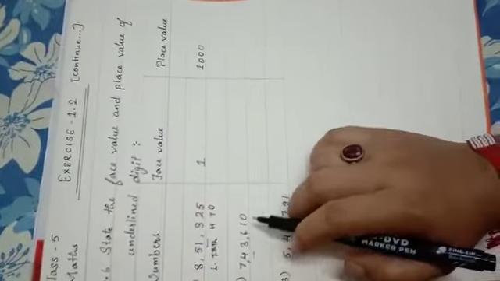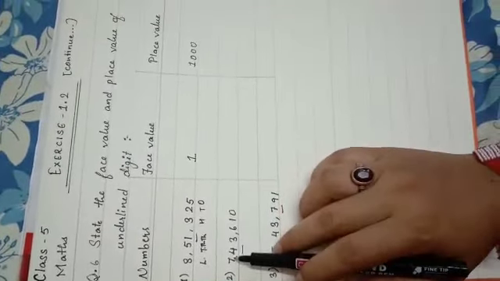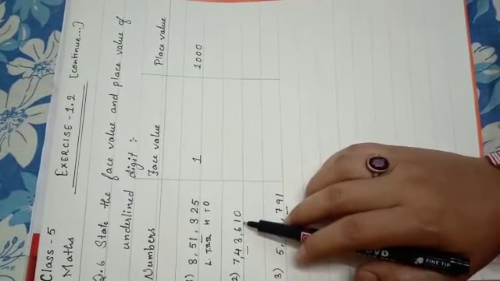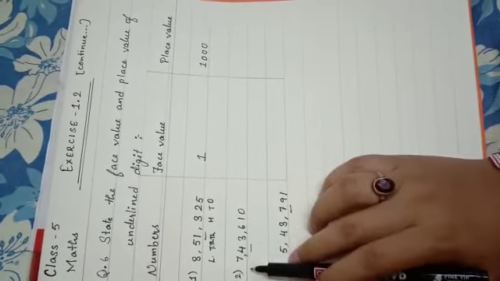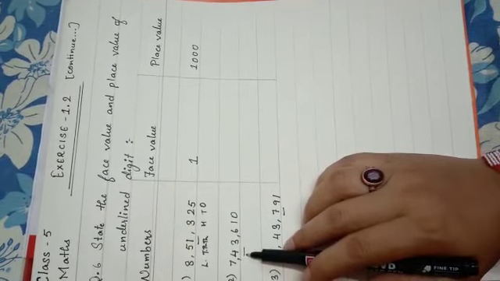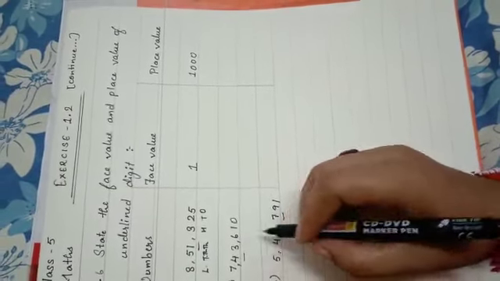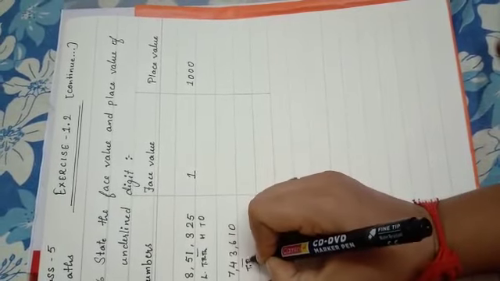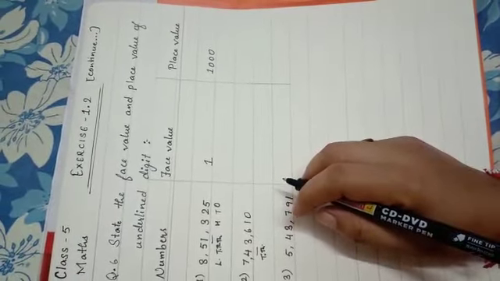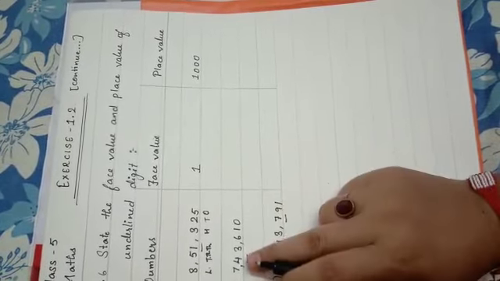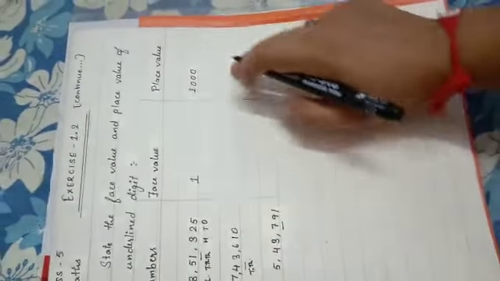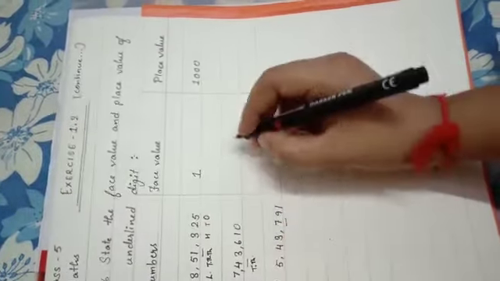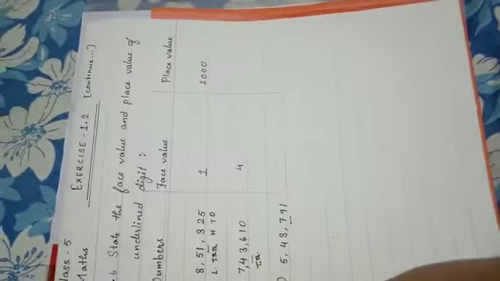Okay, let's see one more question, that is 743610, that is 7,43,610. The underlined digit is 4. 4 is at 10,000's position. So this order will be useful only for the place value, but for face value I will simply write that number, nothing else.